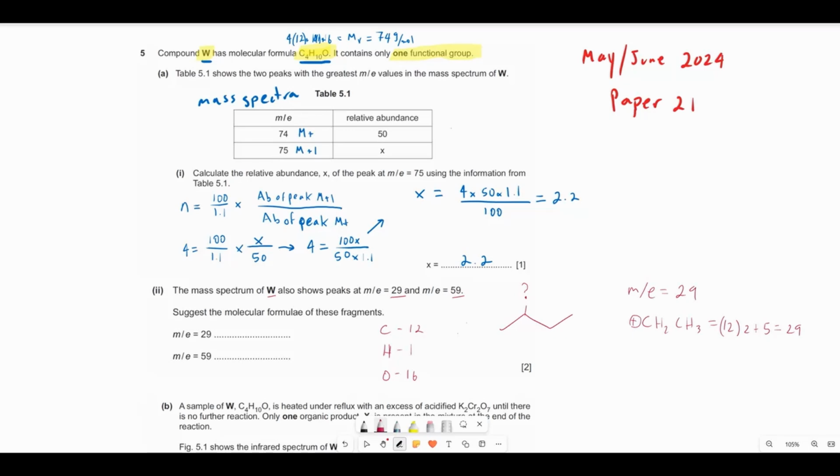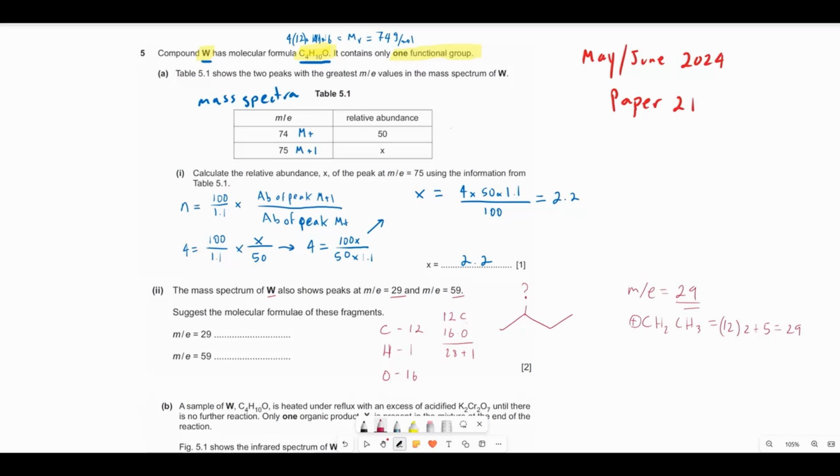Now, if we don't remember that 29 is a common peak and it's caused by a CH2CH3, we could just start adding up. If we have a carbon, we're always going to have carbons, right? So if we have a carbon and an oxygen, for example, C and an O, that's 16 plus 12 is 28. So then that would mean that we would only add one hydrogen.